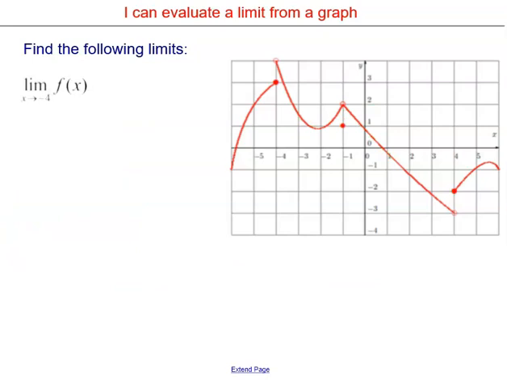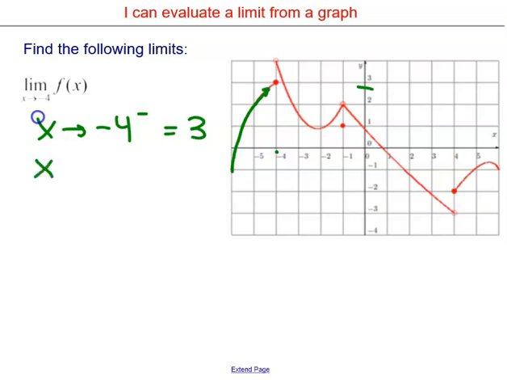So here, it's approaching -4. So we want to know, first of all, what happens as x approaches -4 from the left. So this is -4 here, right? As it comes from the left, it looks like it's approaching 3.